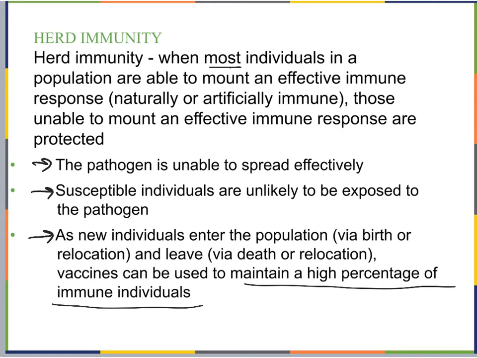That said, recall that a person is able to transmit a pathogen at any stage of infection, which means that even if person number one is the person that brings that pathogen along, they're the ones that have this particular pathogen, and they, let's say, cough it out to person number two. And then let's say person number two gets this pathogen in their body, but they had the vaccine.